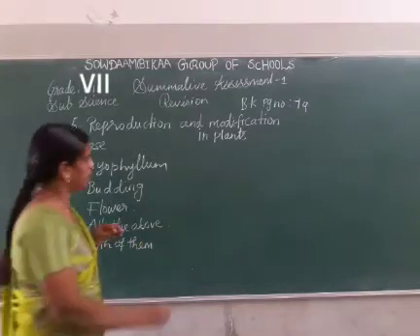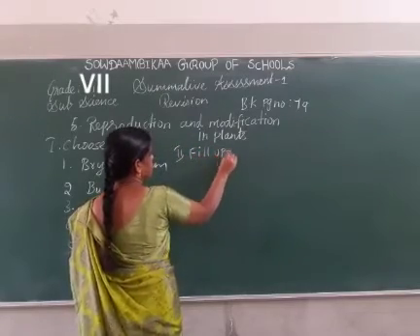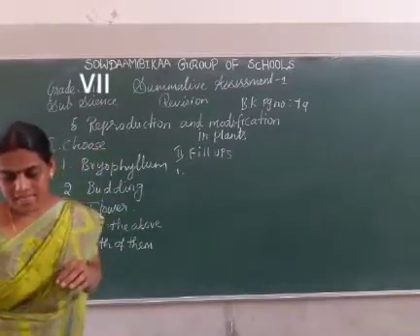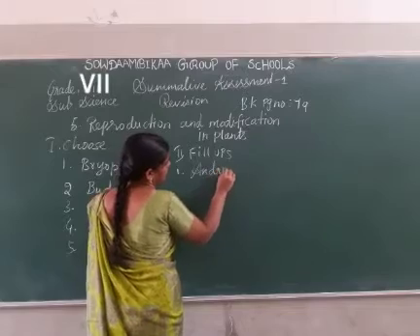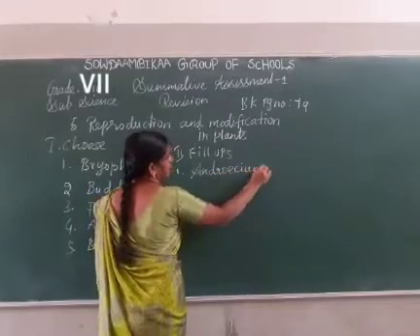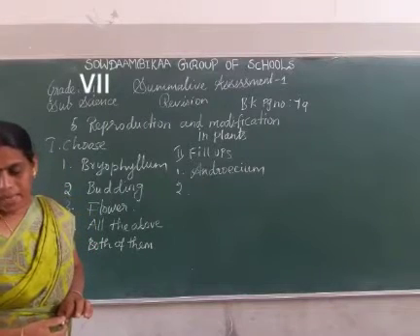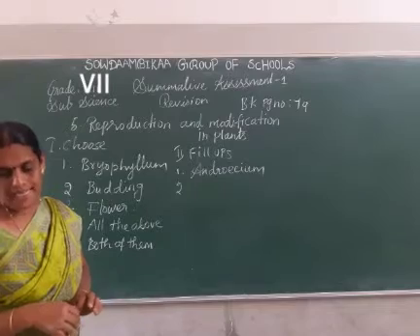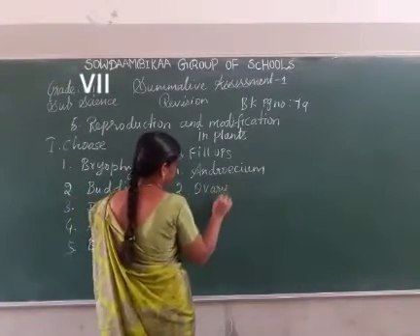Next Roman numeral is fill in the blanks. What is the first question? The male reproductive part of the flower is the androecium. The female part is the gynoecium. The basal swollen part of the gynoecium is the ovary.